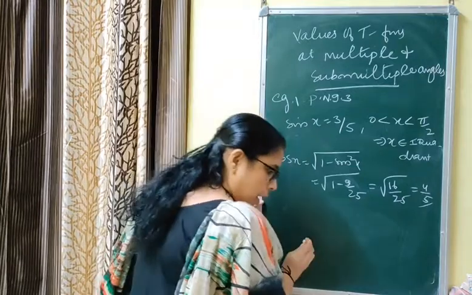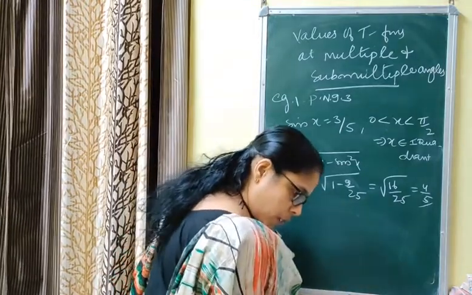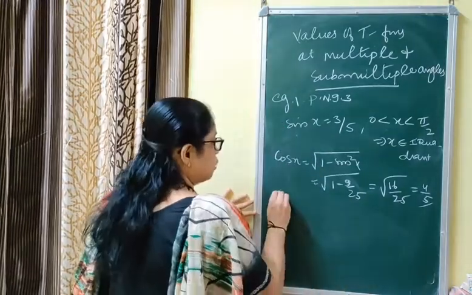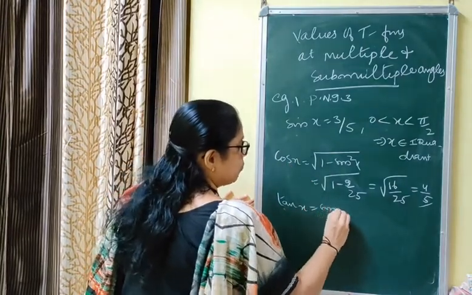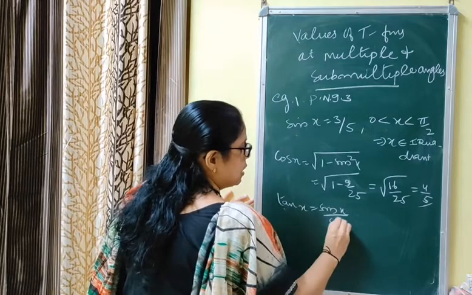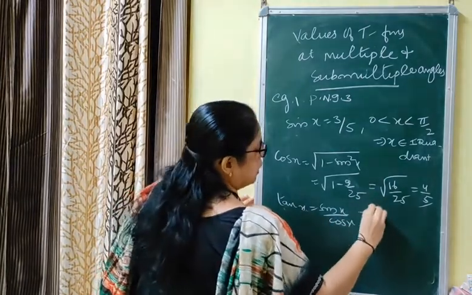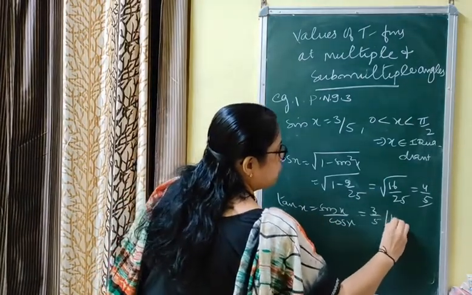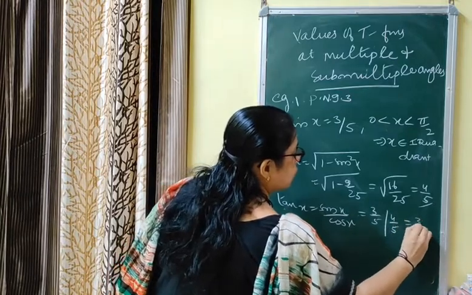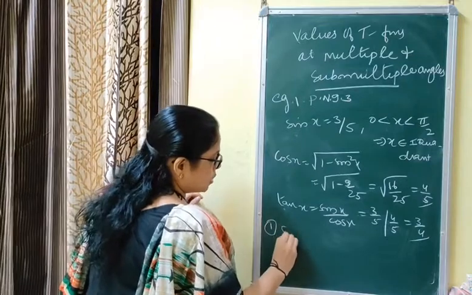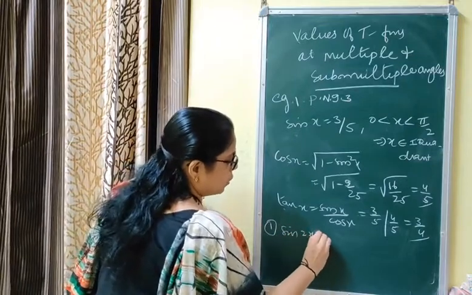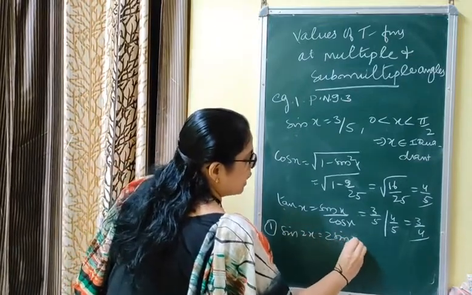Now first, we have to find the values of tan 2x. For that, first of all, find all the values of single ratio. Tan x is equal to sin x by cos x. Sin x by cos x is 3 by 5 divided by 4 by 5, that is equal to 3 by 4. Now first value is sin 2x. Let us find the value of sin 2x is equal to 2 sin x cos x.